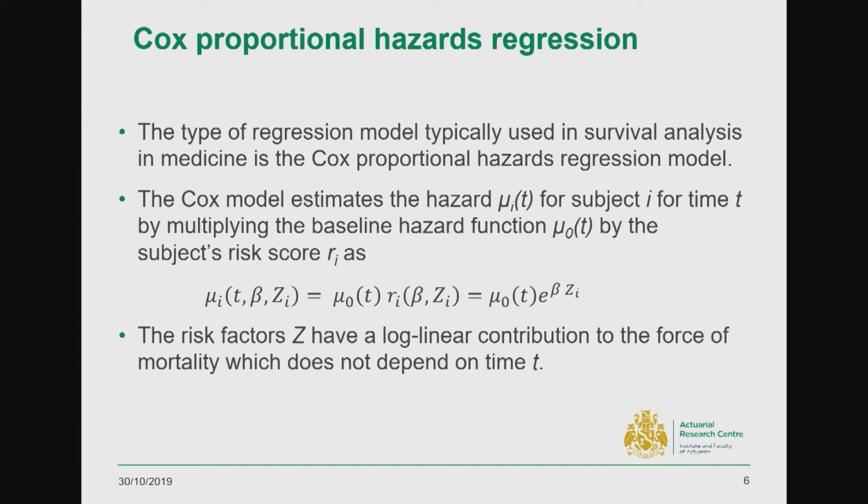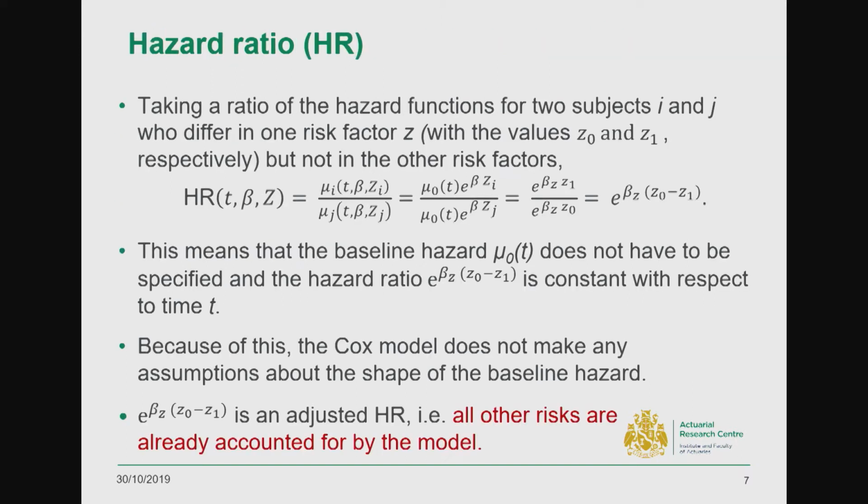And very importantly, the first assumption is that our estimates beta do not depend on time. This is one of the assumptions we make. We will talk about another model later on, with time-dependent coefficients, but more on this later on. Whenever we are fitting the Cox regression model, we are not estimating the hazard function itself. We are estimating the hazard ratio. The hazard ratio is the ratio of two hazard functions.